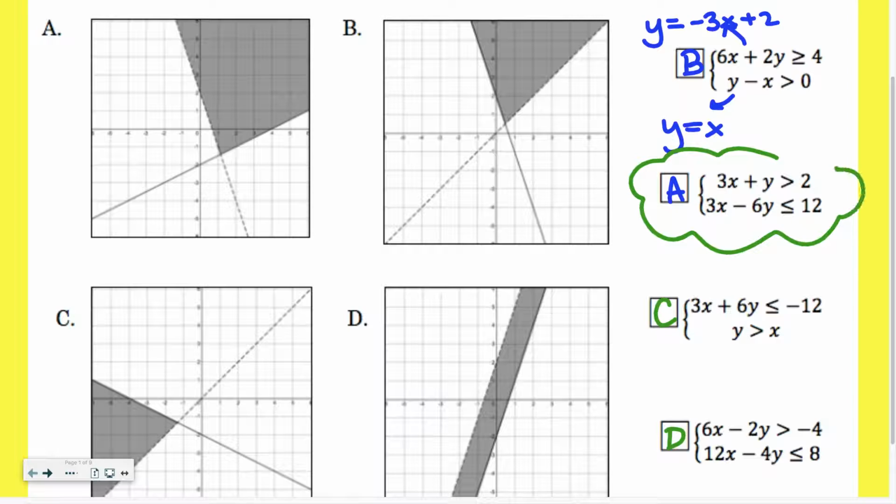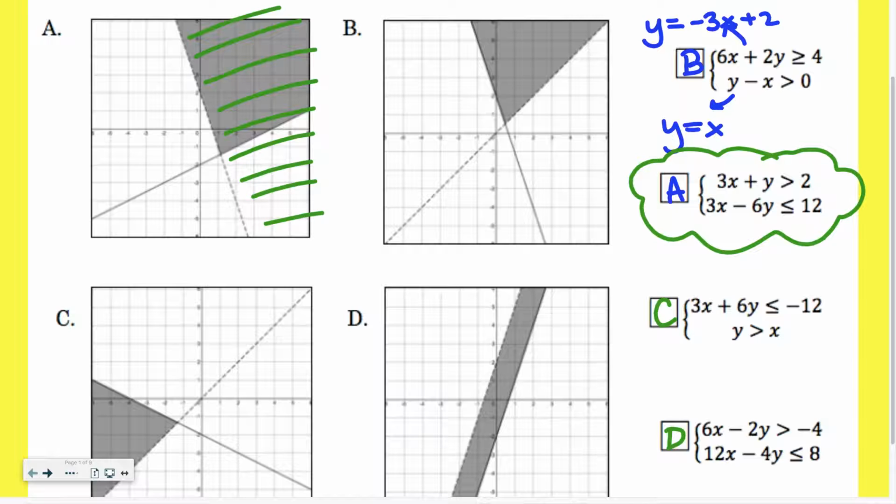If we pick a point, let's say 0, 0, and plug 0, 0 into this inequality, does it make sense? Yes or no? Is 0 plus 0 greater than 2? No. So that line, we would have to shade away from 0, 0.